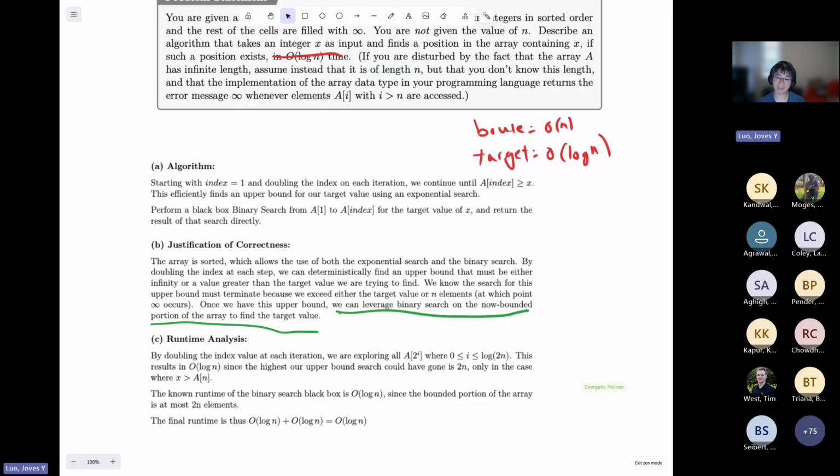Like if I'm doing 4x instead of double, I'm going to find my boundary a little faster, but that leaves me with a much bigger chunk of space to search. So I don't think there's any cost savings there. Okay. The runtime might end up being different depending on the calculations. Okay, thank you.